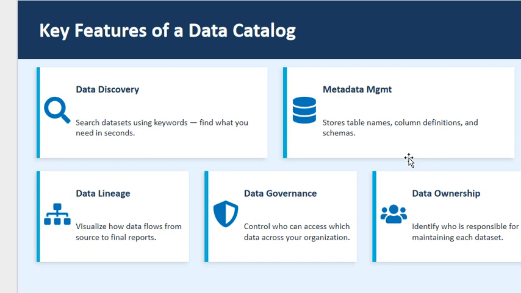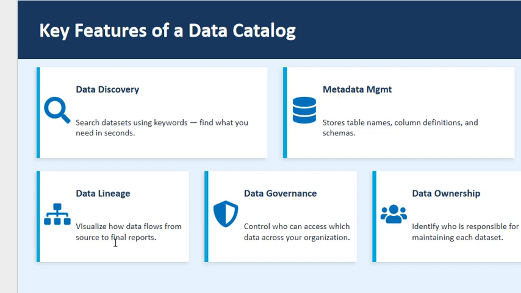It stores table names, column definitions and schemas. Data lineage visualization: from the front-end application to the back-end application and from the back-end application to the front-end application, how the data flow happens, data lineage will cover this portion.